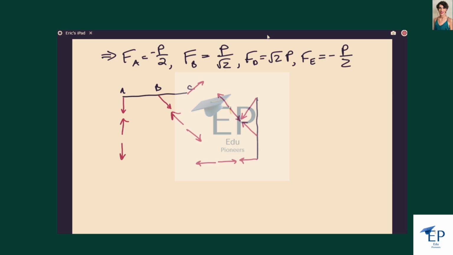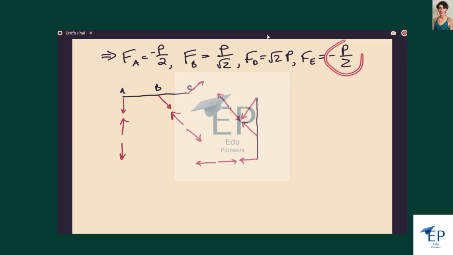And so FD was positive this way. And so we had a positive value, so this member here is in tension, and I think that makes some sense.